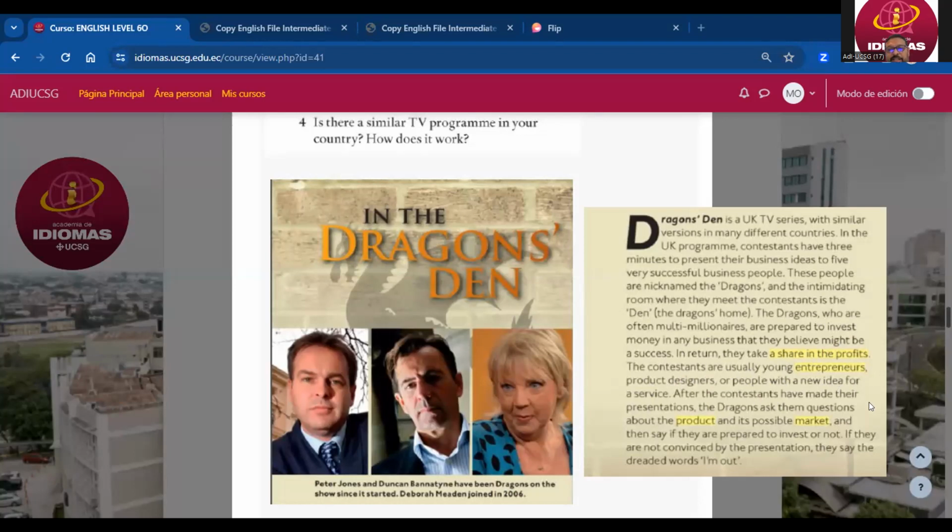After the contestants have made their presentations, the dragons ask them questions about the product and its possible market, and then say if they are prepared to invest or not. If they are not convinced by the presentation, they say the dreaded words, "I'm out."